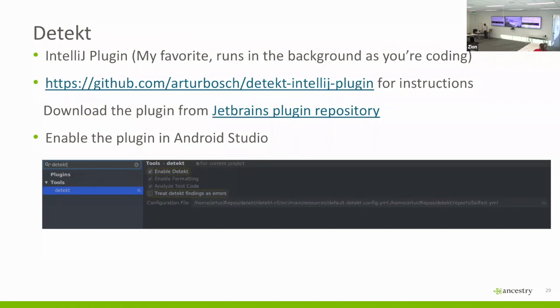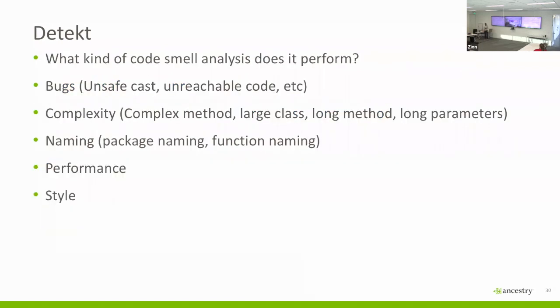So what kind of code smell analysis does it perform? Once you run the check, it talks about bugs, complexity, naming, performance, and styling. Bugs like if you're not casting properly, or if you have unreachable code, like code after writing a return statement or something like that.